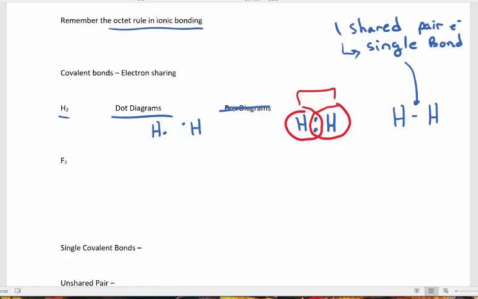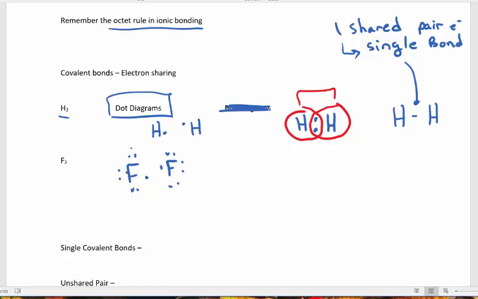All right, we're not going to worry about the box diagrams. We're just going to focus on the dot diagrams. So let's take fluorine, for example. One fluorine has 7 valence electrons. Another fluorine has 7 valence electrons. So again, the same thing. Fluorine is definitely not going to want to give up an electron.